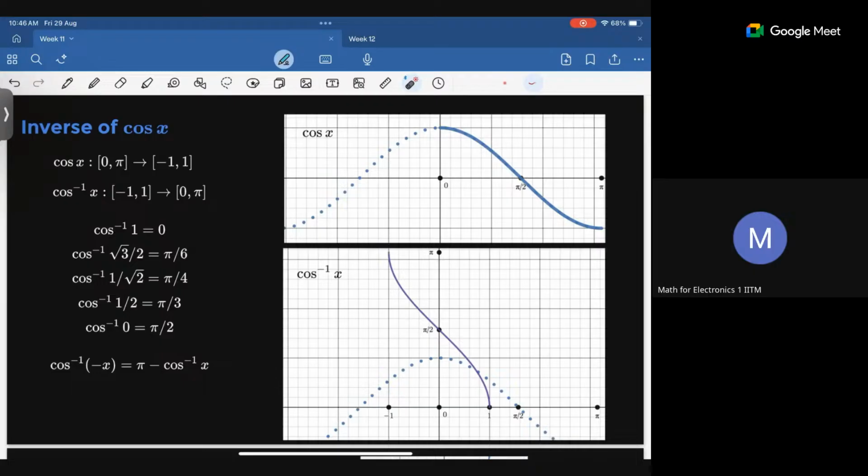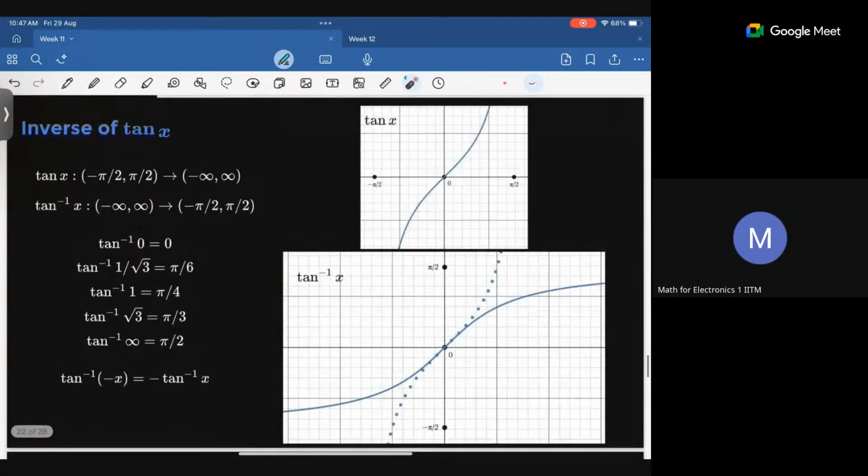So this is neither even nor odd, because from the graph also you can see, you shift this by pi units down and then you will see some sort of odd kind of behavior. Okay, so cos inverse of minus x will be pi minus cos inverse of x.